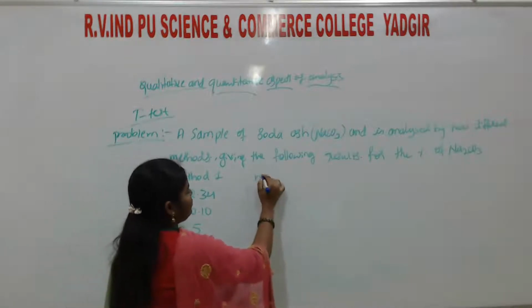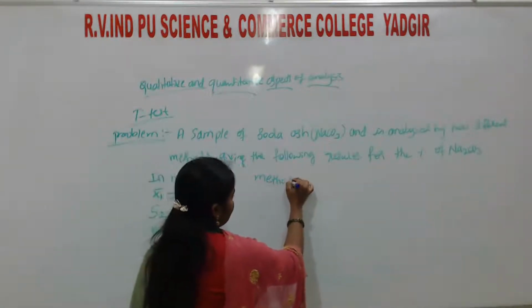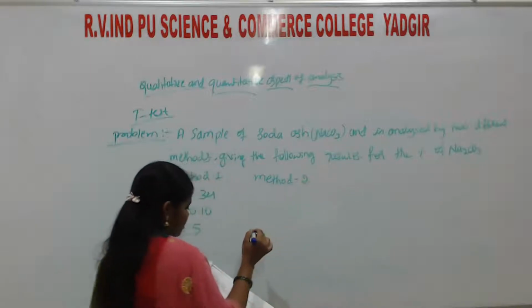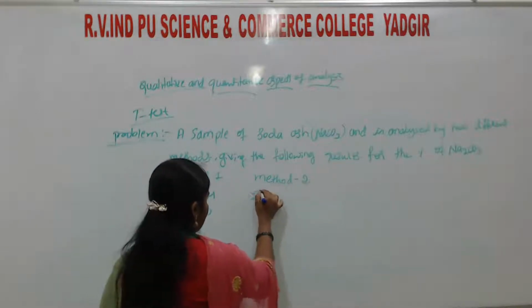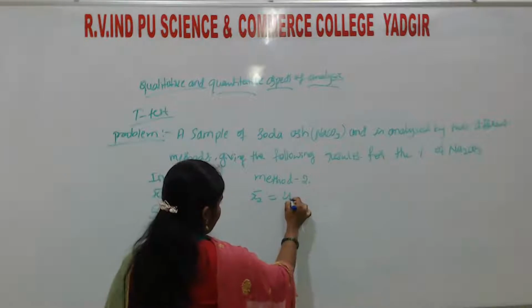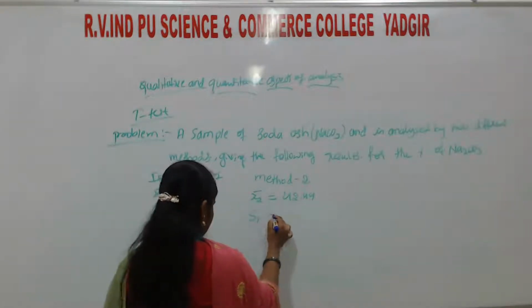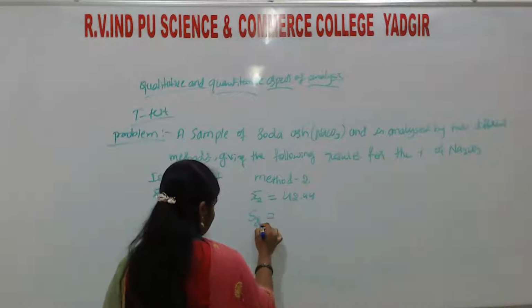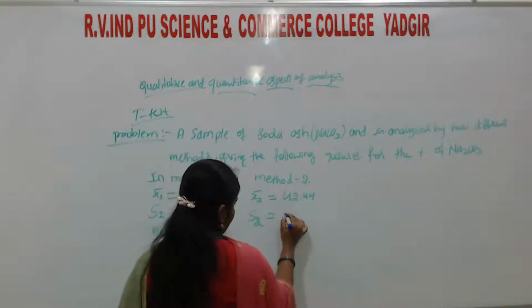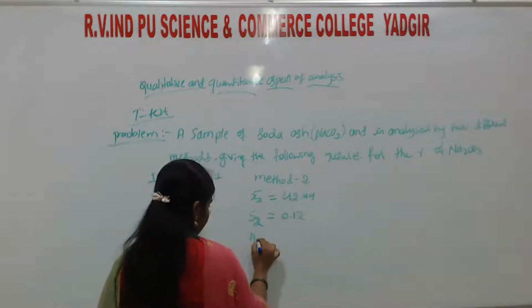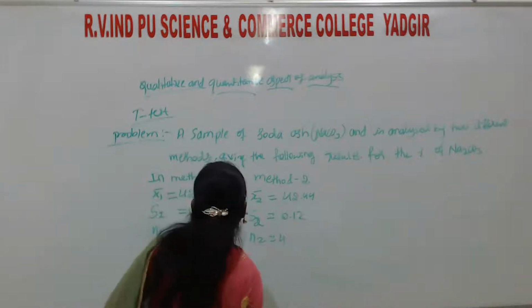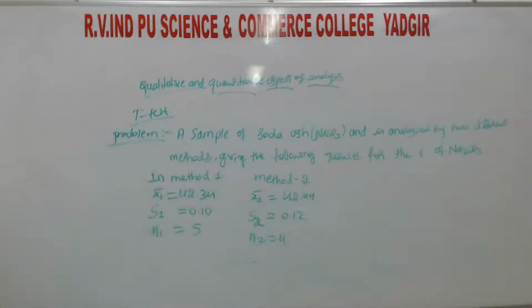Here in method 2, x2 bar is equal to 42.4, s2 is equal to 0.12, and n2 is equal to 4. This is the given data or given values here.